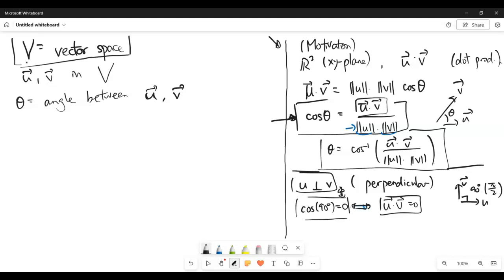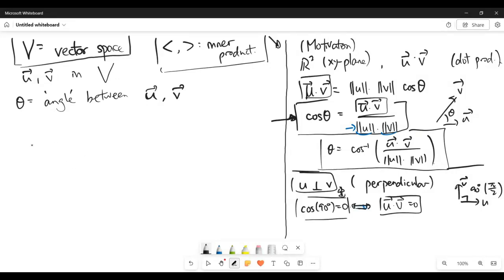It can be something more abstract than that. So how do we compute this angle between the two vectors? We are supposed to have a certain inner product defined on the vector space. This is a general inner product. The dot product is really just a special case on R2.